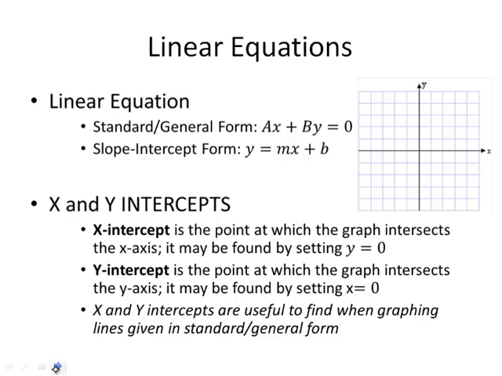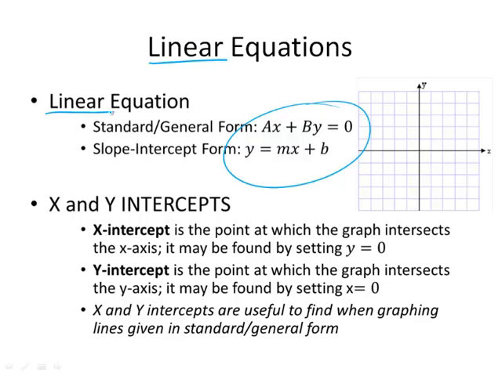Let's talk a little bit about what makes an equation a line, a linear equation. Well, you've got these two forms you may have noticed with the graphs that we have been making. The ones that had x and y values just plain with no squares, no cubes, no absolute values, they were forming lines.